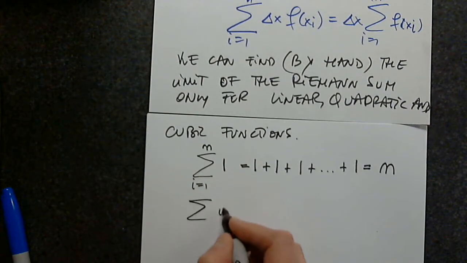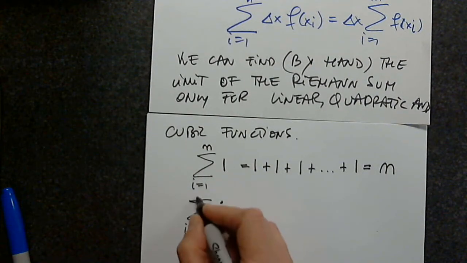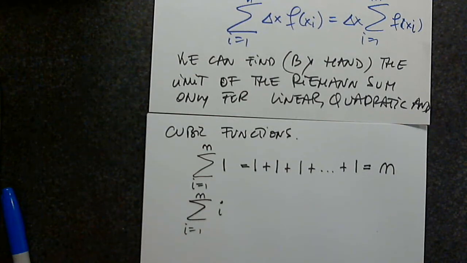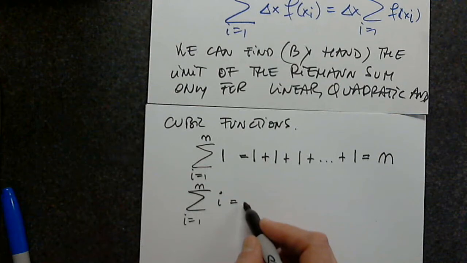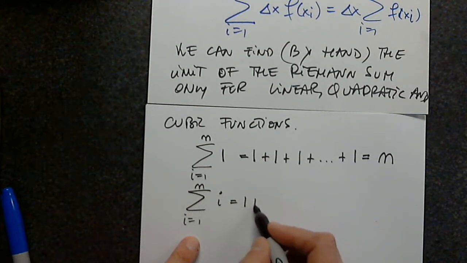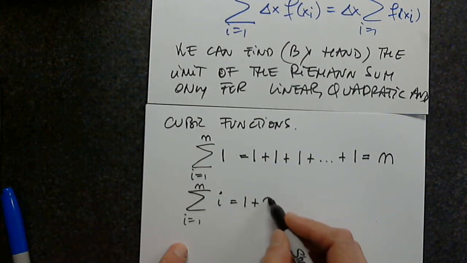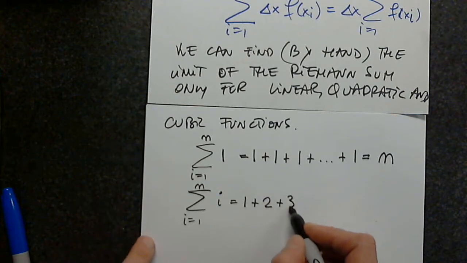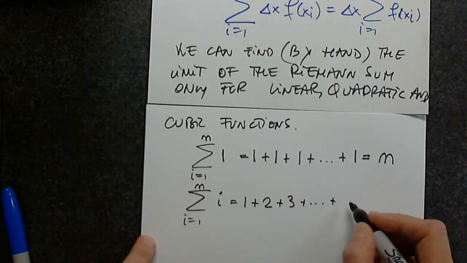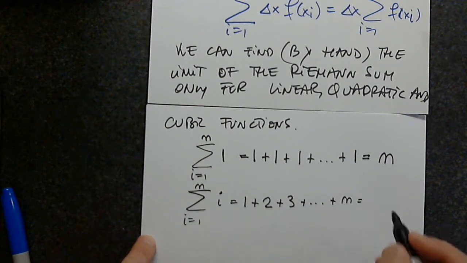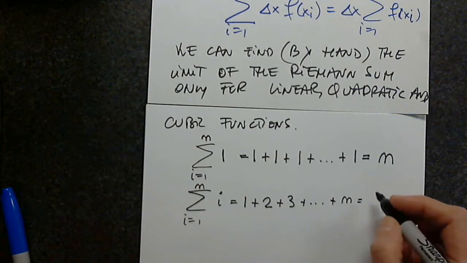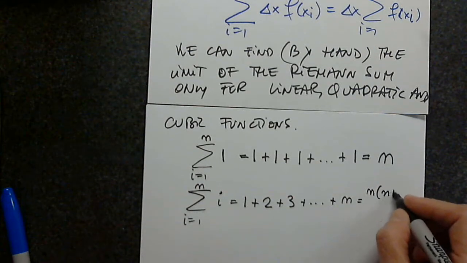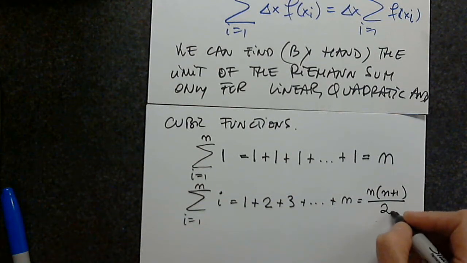Okay, the sum of i when i equals 1 through n. So this will be when i is 1, 1, plus when i is 2, 2, when i is 3, plus dot, dot, dot, plus n. We can prove this using mathematical induction, but we have to memorize it, sorry about that: n times n plus 1 divided by 2.